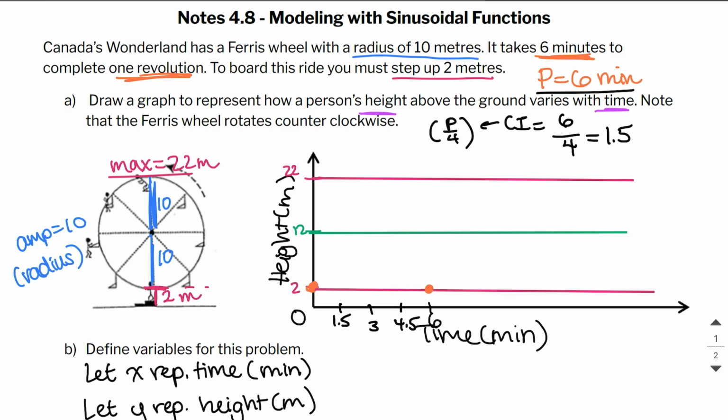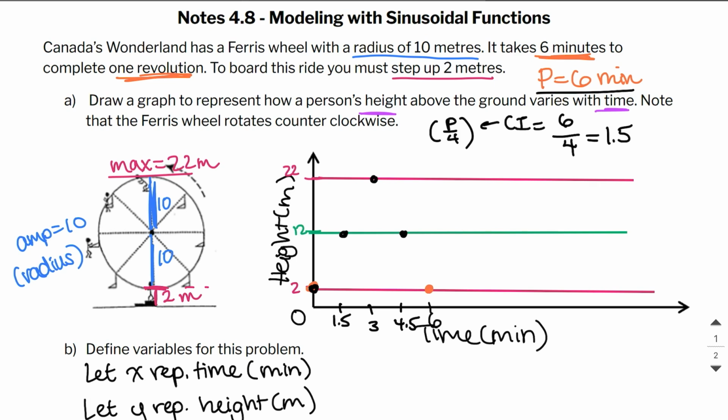We hit the min at the beginning, and then after 1.5 minutes, we're going to hit the axis. And after another 1.5 minutes, or at 3 minutes, it's going to hit the max. And then another 1.5 minutes, or at 4.5 minutes total, it's going to hit the axis and then the min.